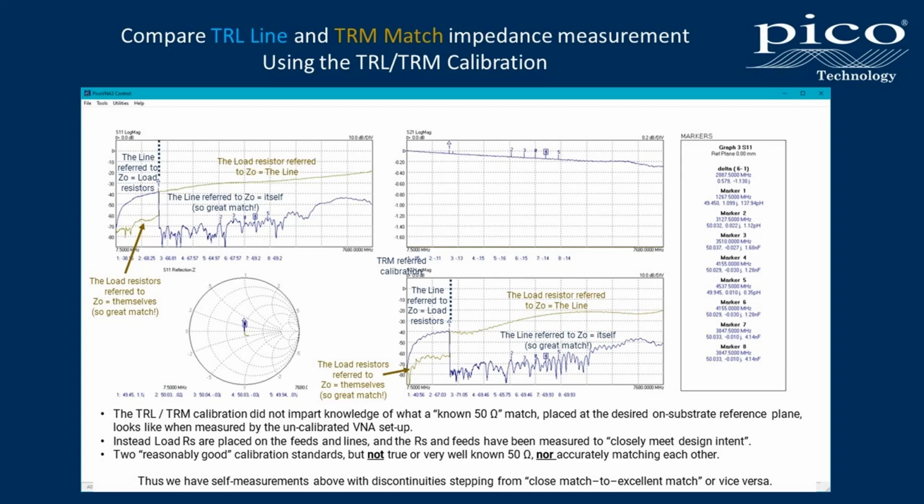So on the board we have two reasonably good standards. We have a reasonably good line, and we have a reasonably good pair of resistors. They make reasonably good calibration standards, but they are not true or very well known 50 ohm, nor do they accurately match each other at the frequency where we cross over from TRL to TRM.